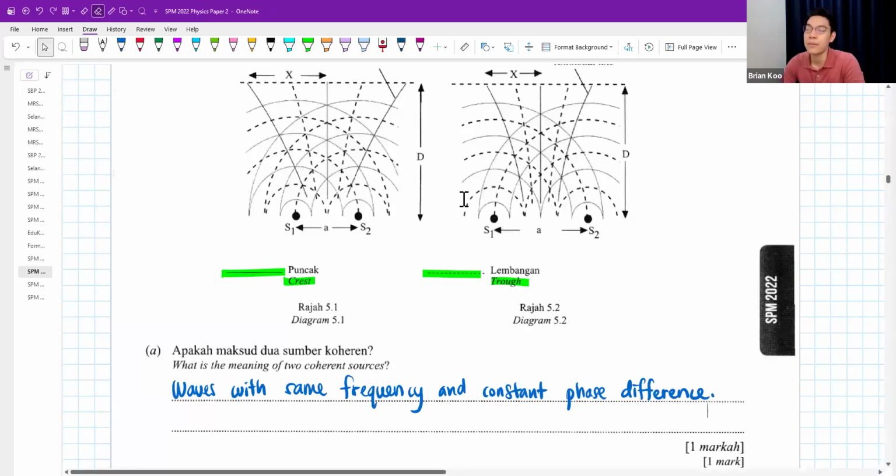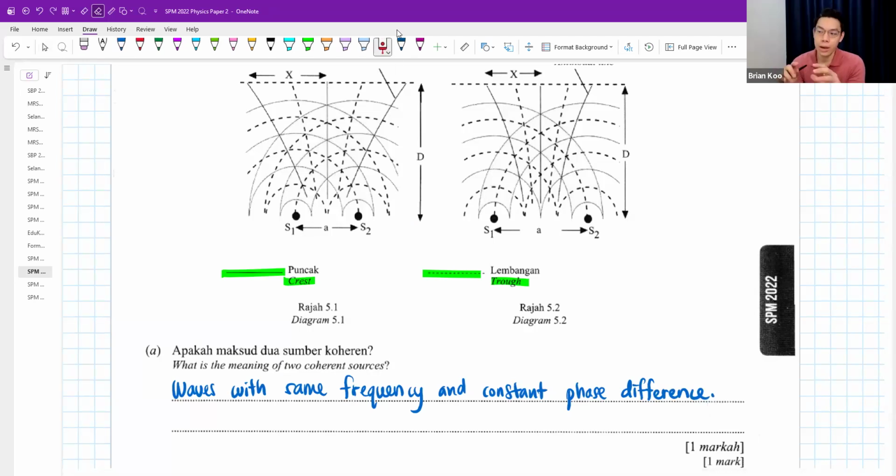Constant phase difference means not only their wavelength is the same, but the way they overlap is always very perfect. Normally it might mean that there are two sources, you put them side by side like that. You don't put one too far out like this, because it will cause the phase difference to be quite off.